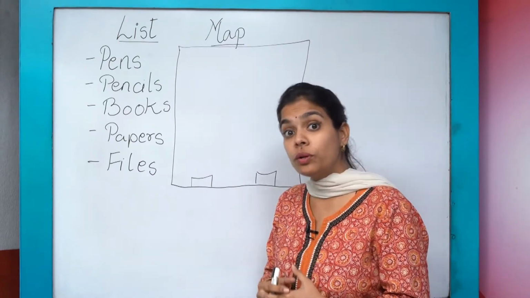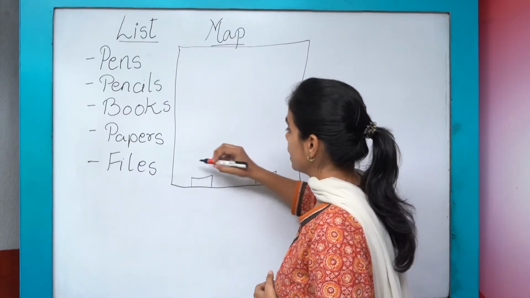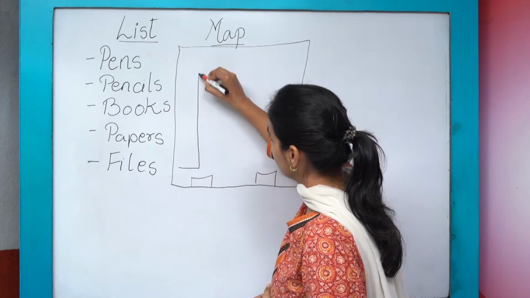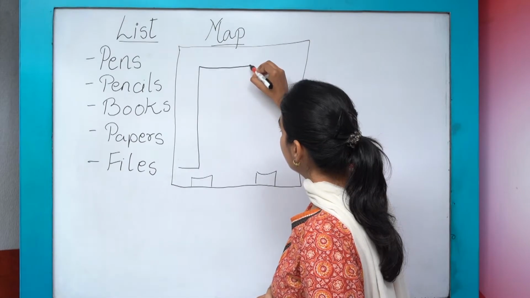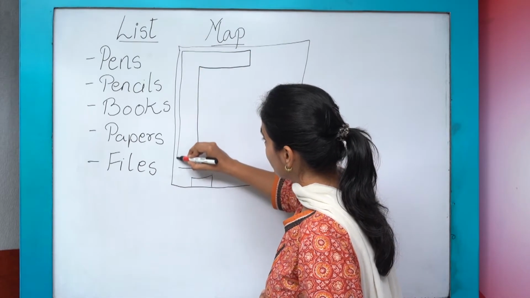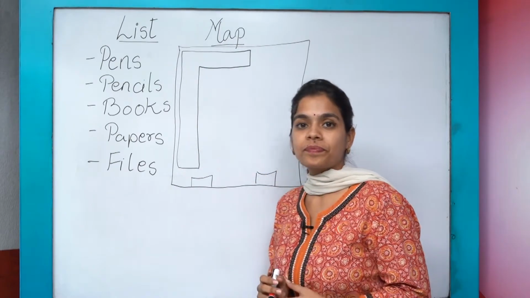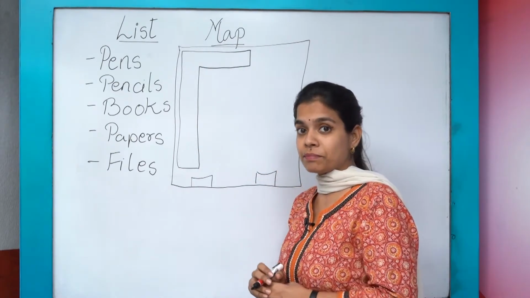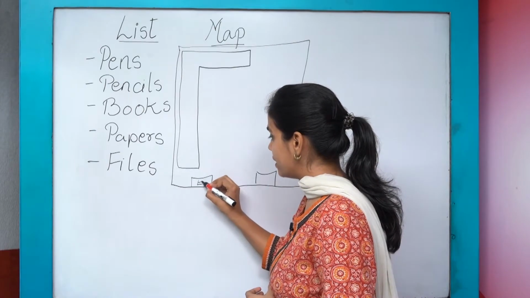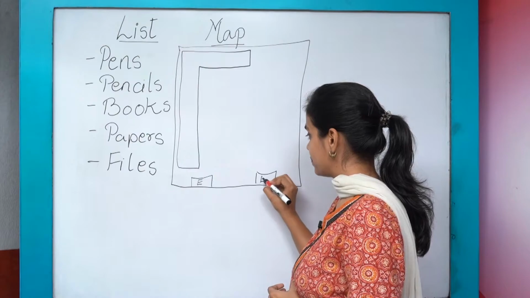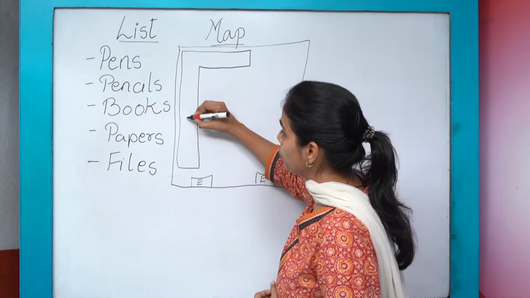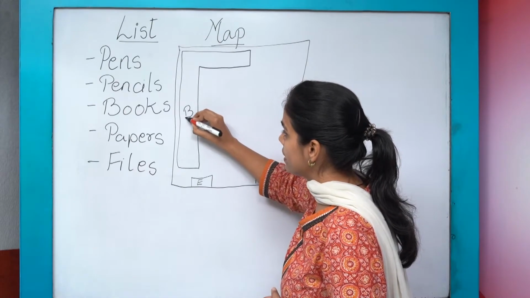Where was the school building? The school building was from here till here. Let's mark the entrance gate as E. Let's mark the school building as B.